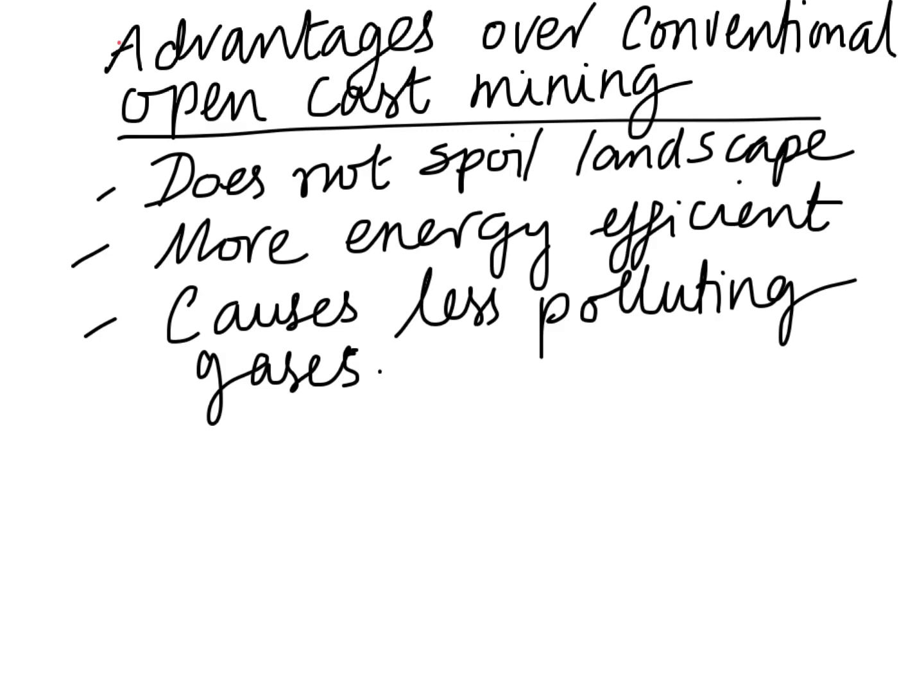It's more energy efficient, as not as much heat energy and electricity is used in this method compared to the conventional open cast mining and then the smelting methods. So this process is much more energy efficient, and it causes less polluting gases.